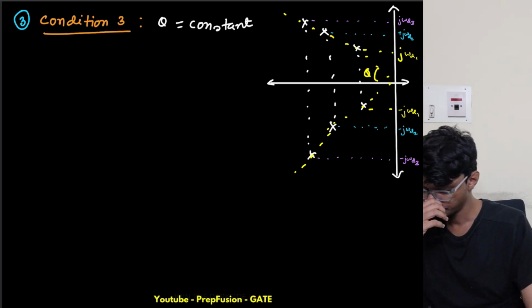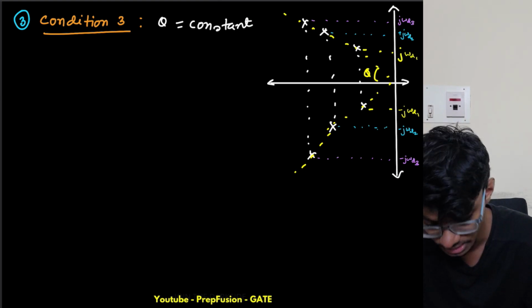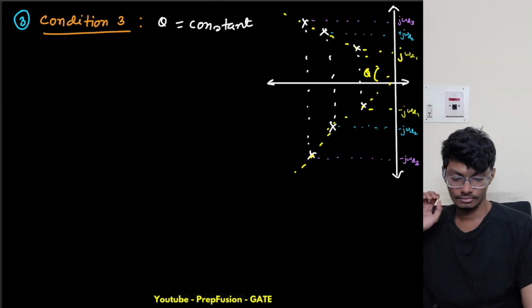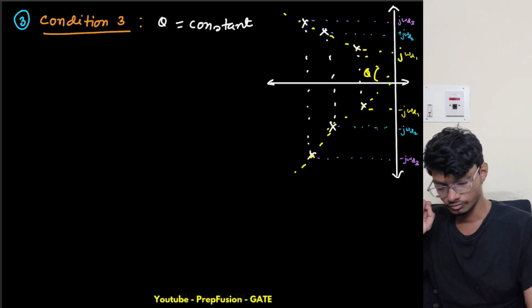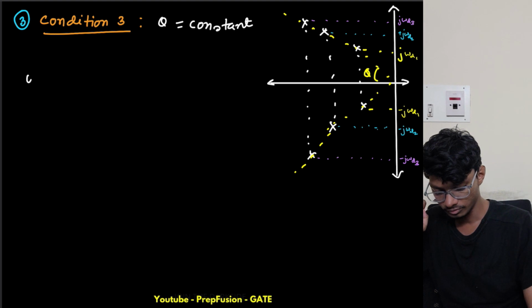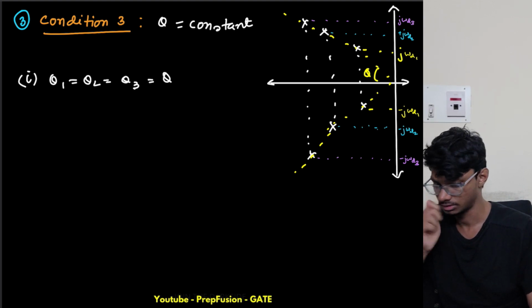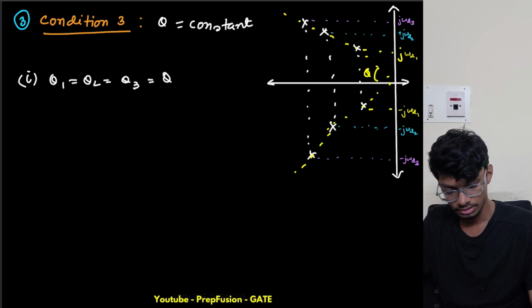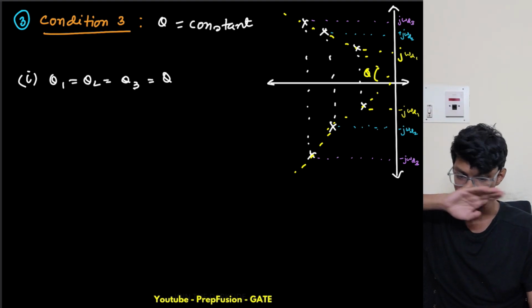So now what I will do is, this theta is constant. What do I know? I know theta 1 equals theta 2 equals theta 3 equals theta only. It is constant. Now what is varying? My omega d1 is increasing, and my zeta omega n is also increasing.